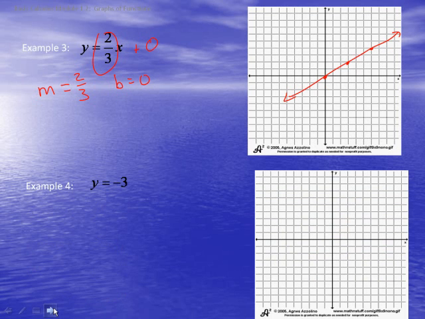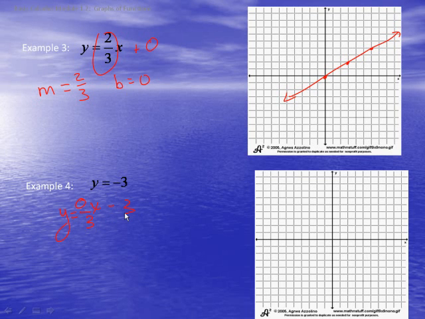Example 4, we're looking at y is equal to -3. Well, here we can write this in slope-intercept form. Notice it doesn't have an x, so we're going to write it as 0x, 0 over, and we can pick any number because any number would be equal to that, minus the 3.